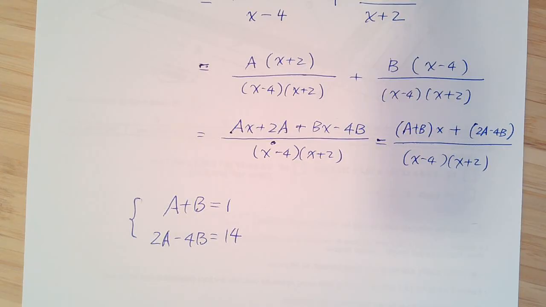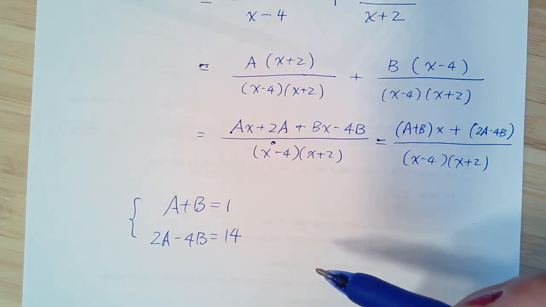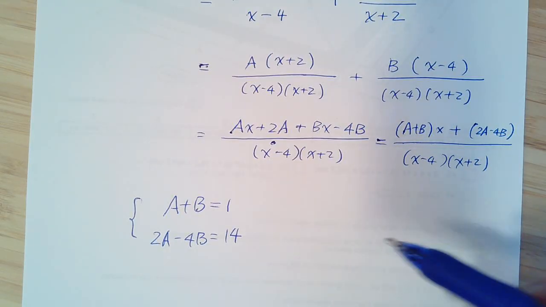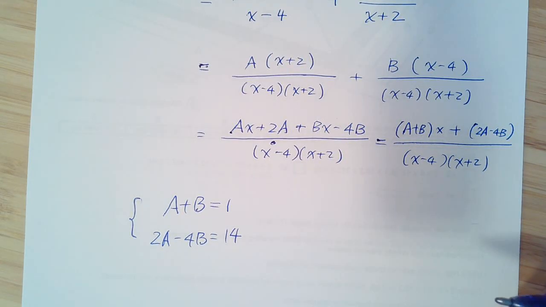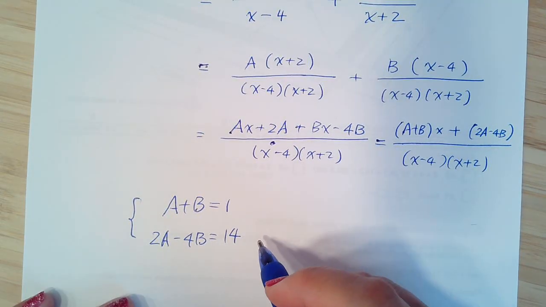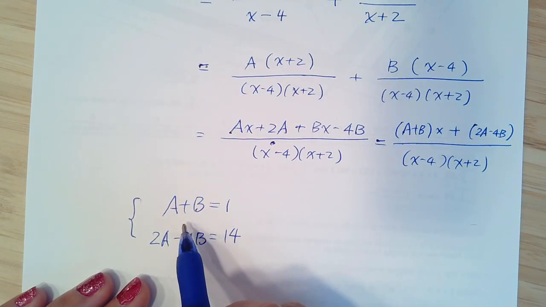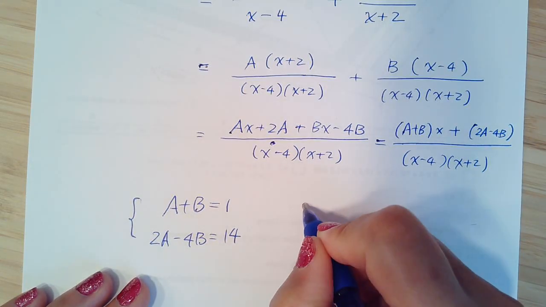So once you have this, you can just go ahead and solve it. You get A plus B equals 1, 2A minus 4B equals 14. Would you like to use the substitution method or the elimination method? I always like to use the elimination method because here's a negative 4B. If I can make this a 4B, then B will be gone. So I multiply this one by 4.